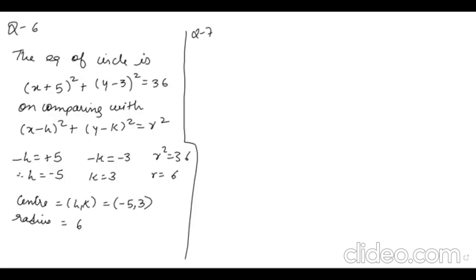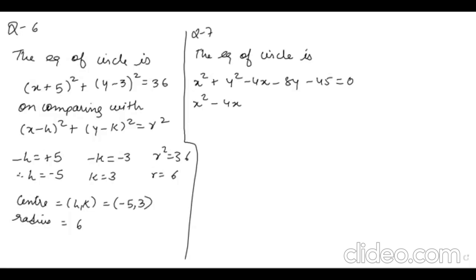See, in seventh question the equation of circle given is x square plus y square minus 4x minus 8y minus 45 equal to 0. So I will take x containing terms together.